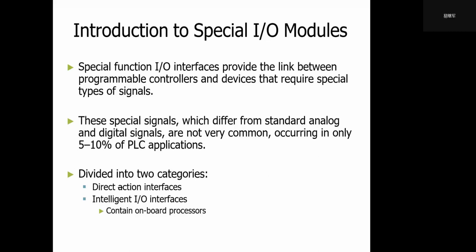These special signals, which differ from standard analog and digital signals, are not very common, occurring in only 5 to 10% of PLC applications. They are divided into two categories: one, direct action interfacing, and two, intelligent I/O interfacing, which contains an onboard processor.